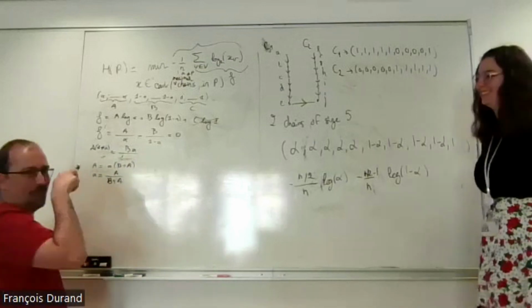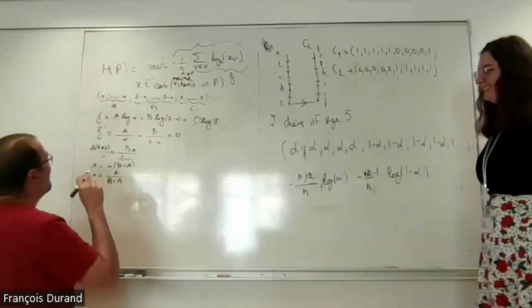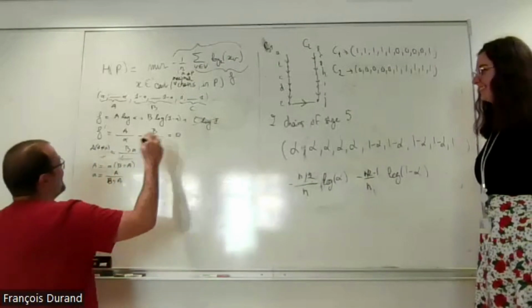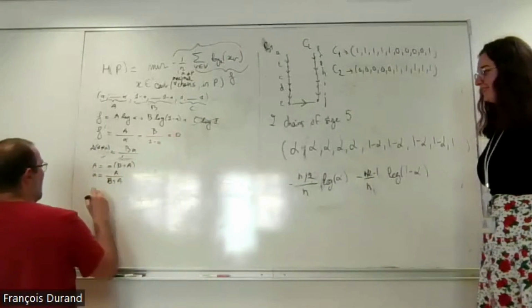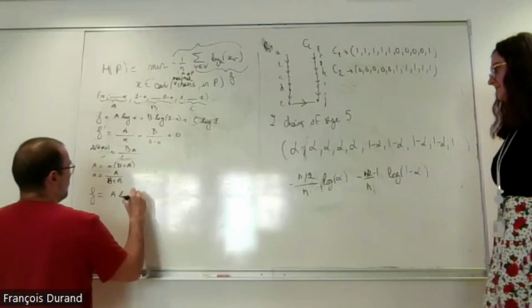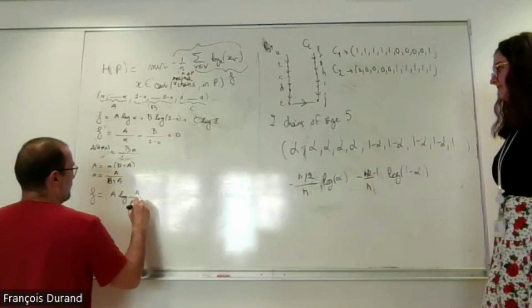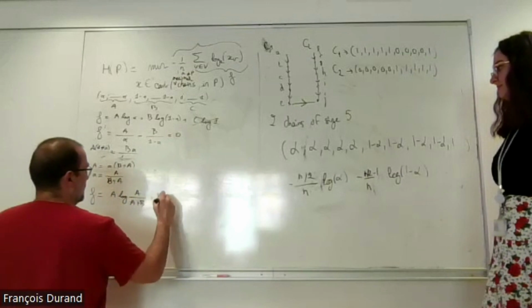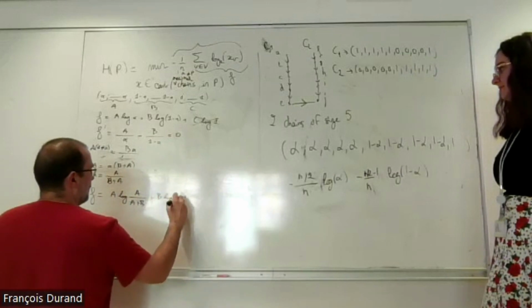I made a wrong computation and then I corrected the results. Then I will have F, which is going to be equal to A log of A over A plus B plus B log of B over A plus B, and of course it's symmetric.